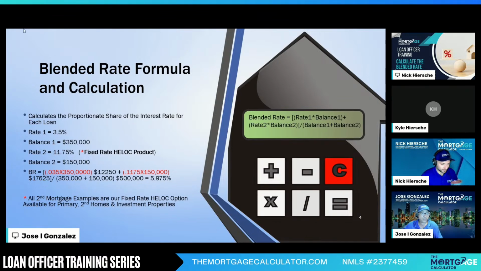But I just want you all to understand the formula, how you break it down here to get the blended rate, which in essence, you might as well call what it really is. It is the effective interest rate. That is what they are paying for the combined loans, with an S.